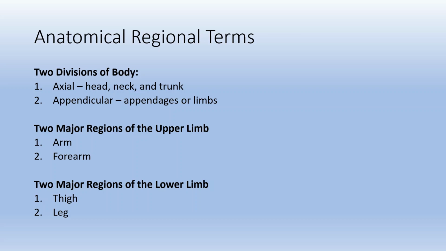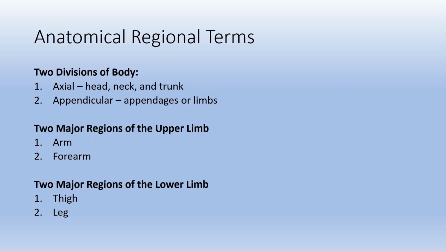Overall, the body has two divisions or two main regions, the axial and appendicular division. Think of the axial division as the longitudinal axis. The axial division of the body includes the head, the neck, and the trunk. The appendicular division includes the upper and lower limbs.